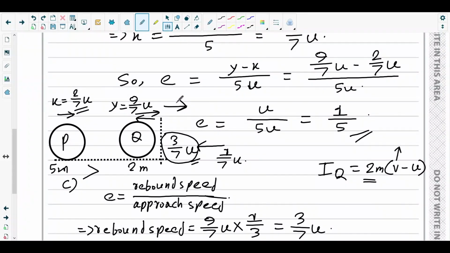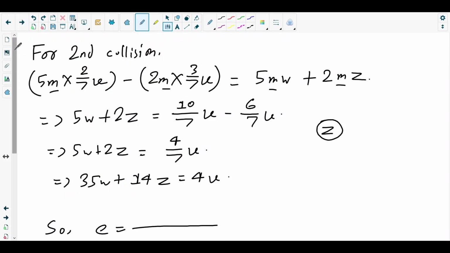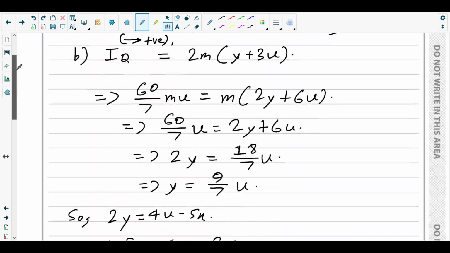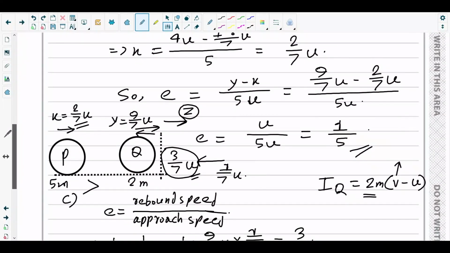Since it is in the positive direction, Z would be positive. So while considering the speed of separation for the restitution, it should be Z minus W. You should be careful on that. They were moving opposite to each other, therefore the approach speeds will get added.